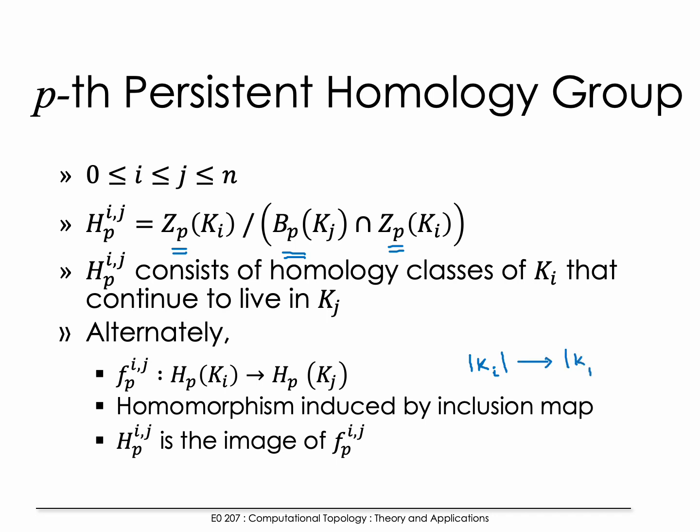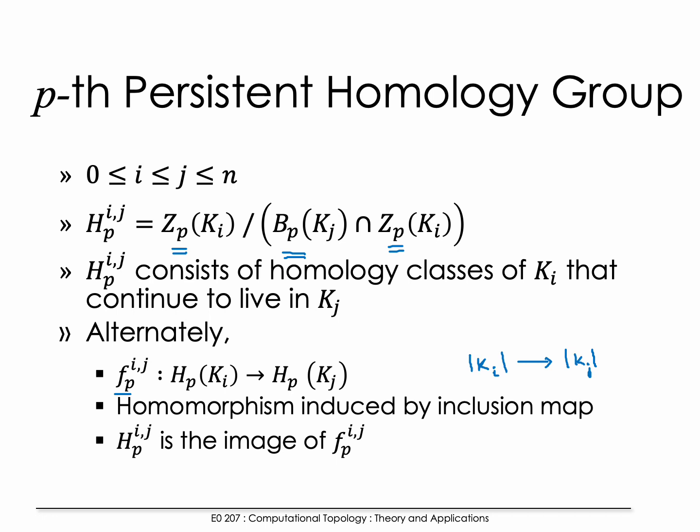Note that K_j is obtained only by inserting new simplices. So there is a nice inclusion map from the underlying space of K_i to the underlying space of K_j. This inclusion map induces a homomorphism, which we call f_p between i and j. This homomorphism takes homology classes from H_p at K_i to H_p at K_j.